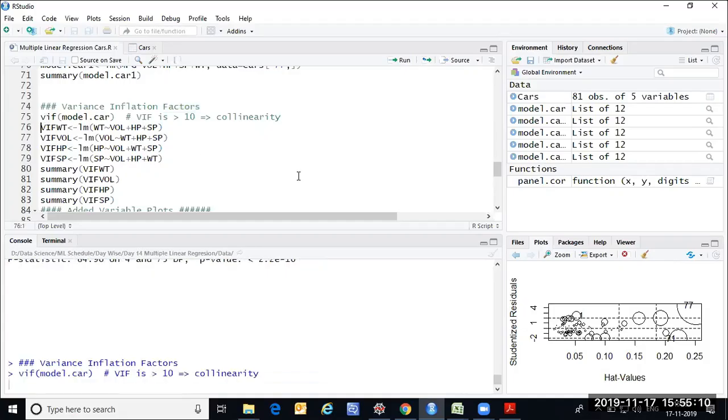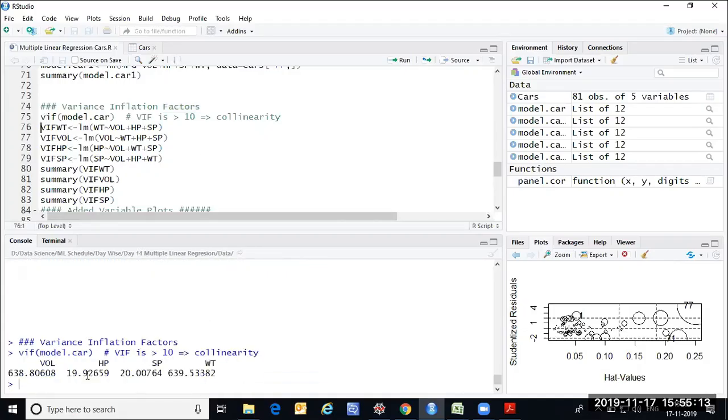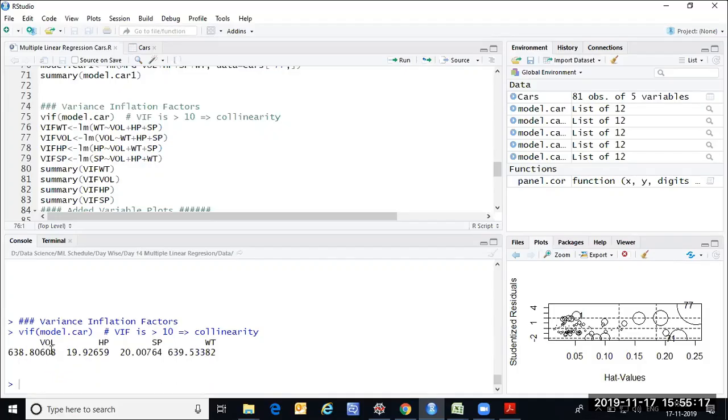Just calculating the VIF. Generally, the basic thumb rule is that whichever variable has a VIF value of more than 10 tends to have a collinearity problem.